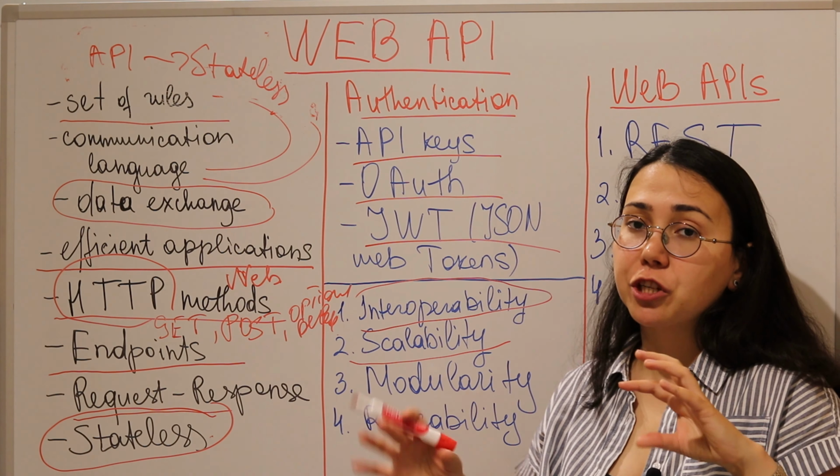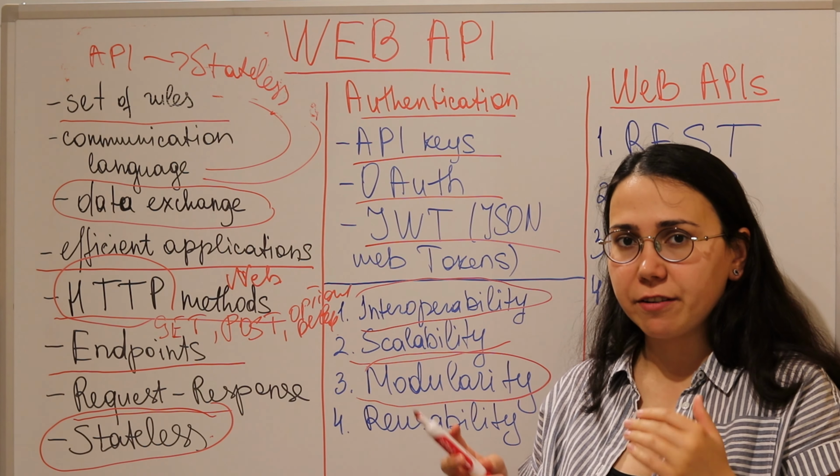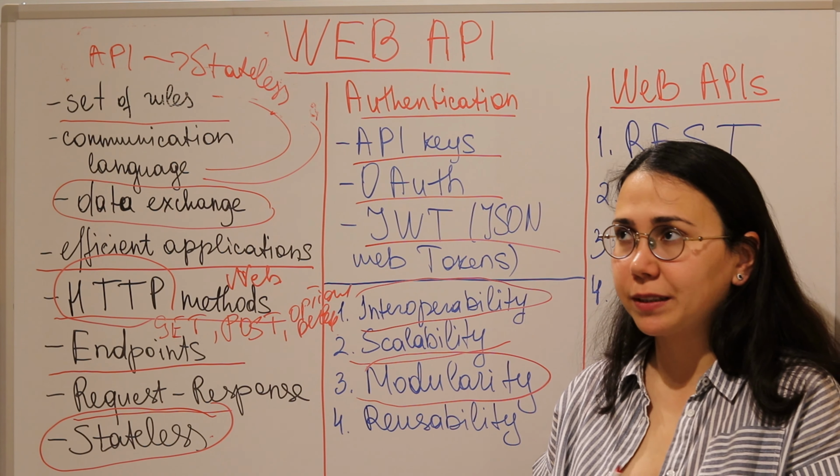It creates the modularity for the applications. I guess this is the point that I raised for the first time in this video, but it doesn't make it any less important. If you watch my video about microservices, you will see that applications at the moment don't like to have monolithic applications. They would rather have separate objects within one application.